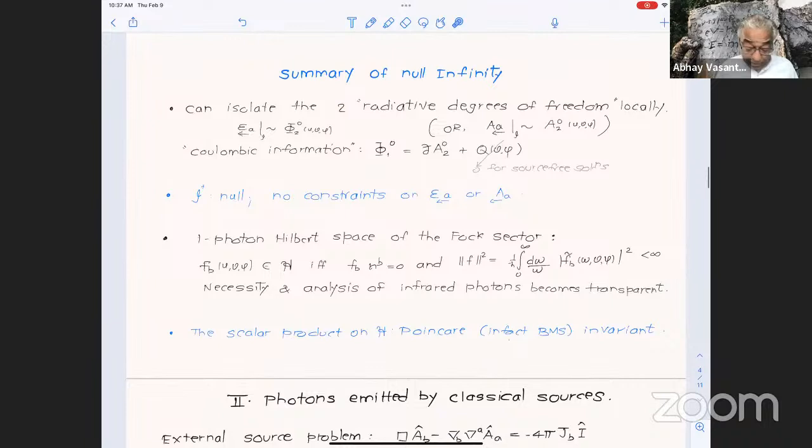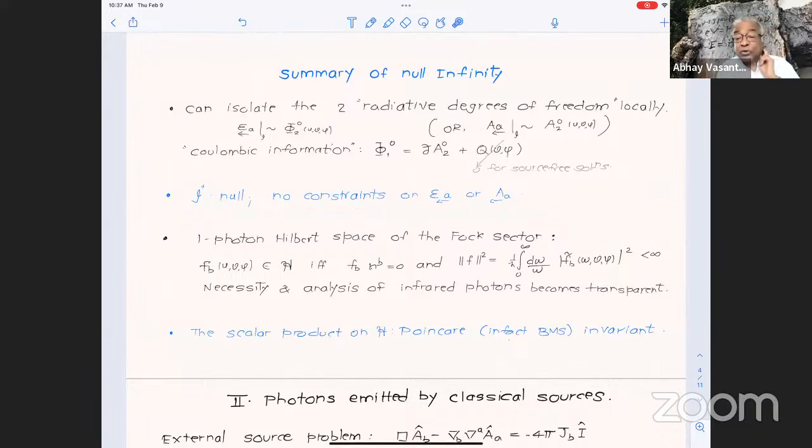So scri is null. Another interesting thing is that there are no constraints here. In space-time, the electric field has to satisfy E^A D_A equal to 0, or 4 pi times a source, and similarly for the magnetic field. And the statement here is that there are no constraints.